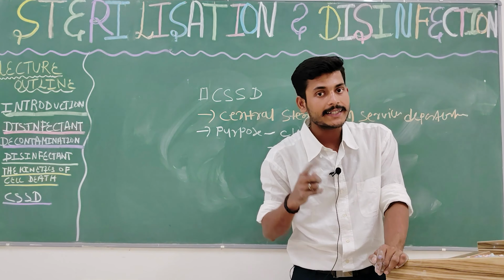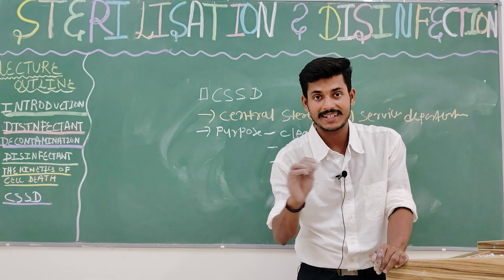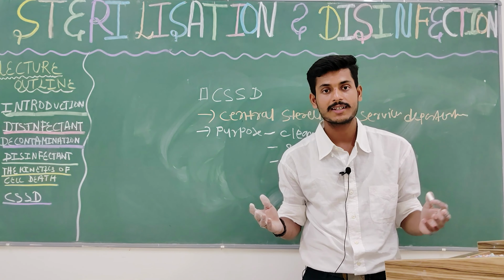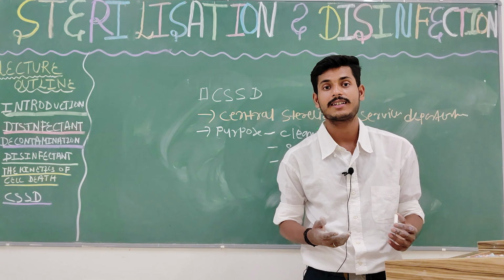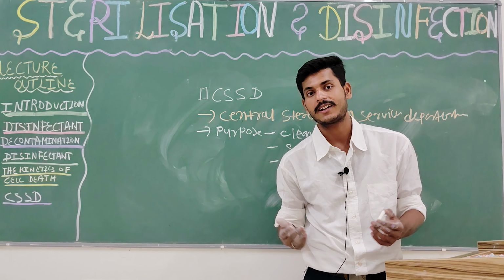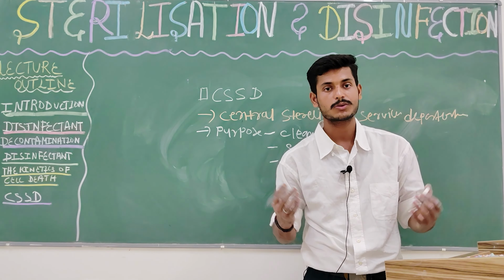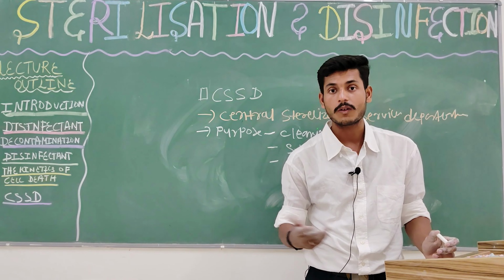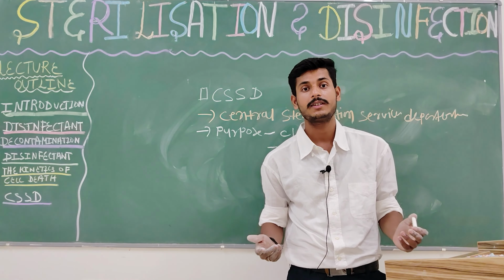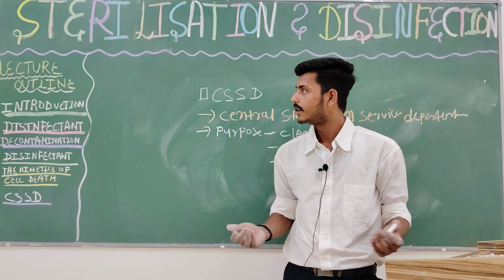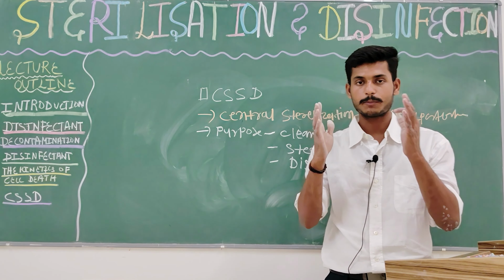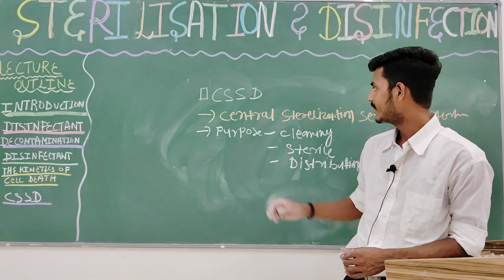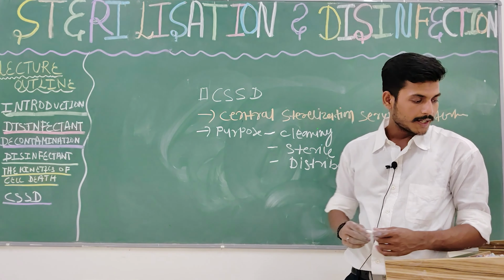So if we do not maintain proper sterility and hygiene, it can lead to many diseases, called hospital associated infection, also called hospital acquired infection, or nosocomial infection. There can be chances for cross infection, or maybe iatrogenic infections. So for reducing all these things, there is a separate department in every hospital, and that is called the CSSD, Central Sterilization Service Department.